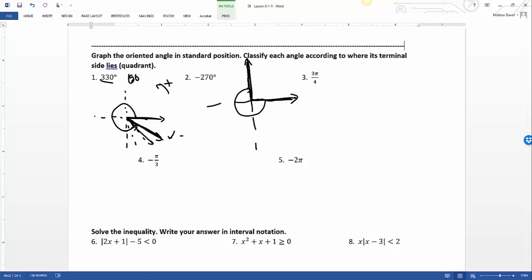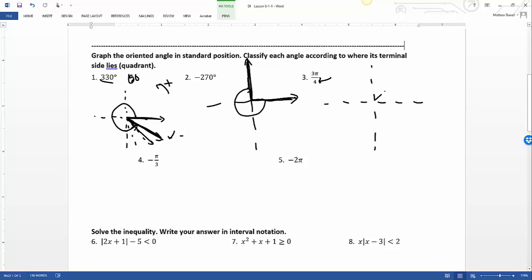Now when it comes to pi, it's easier than we think. So this number here is how you cut up the pi. Now pi is 180 degrees. So I'm cutting up the quote-unquote 180 degrees, or pi, into fourths.